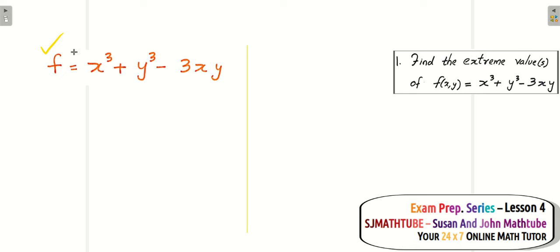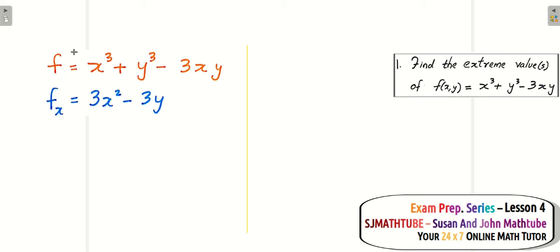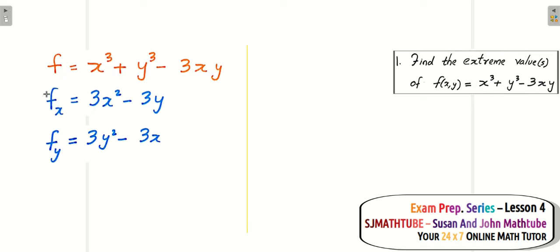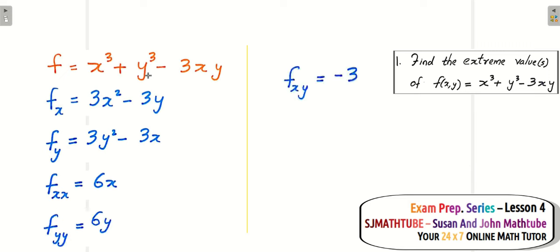You have to find all the partial derivatives you can. Fx, that means you differentiate partially with respect to x. Then fy, that is you differentiate partially with respect to y. And next fxx, fyy and fxy.